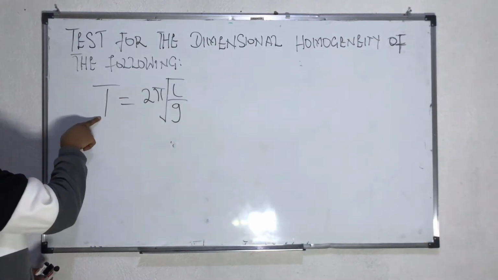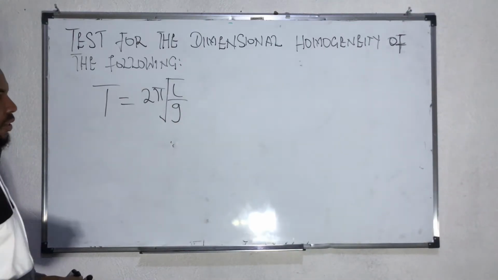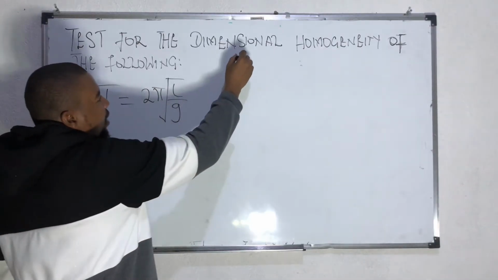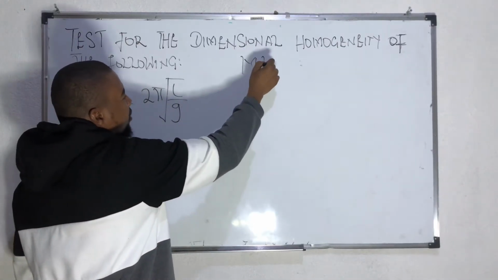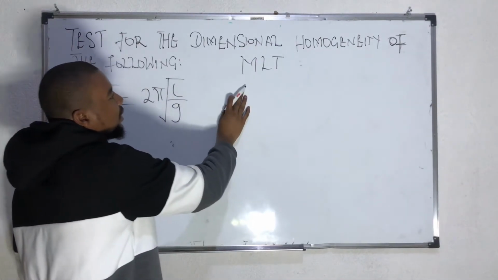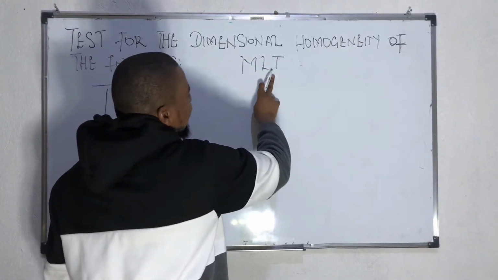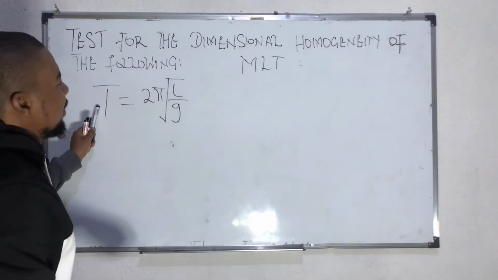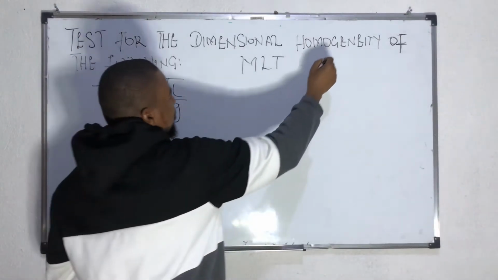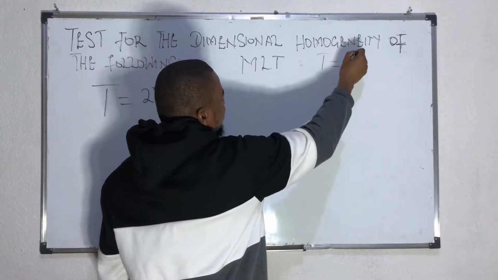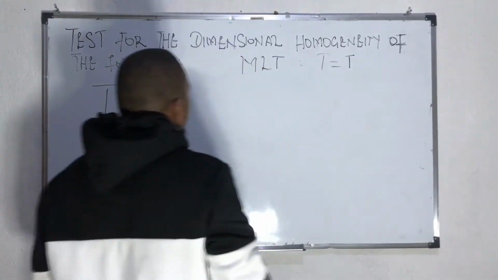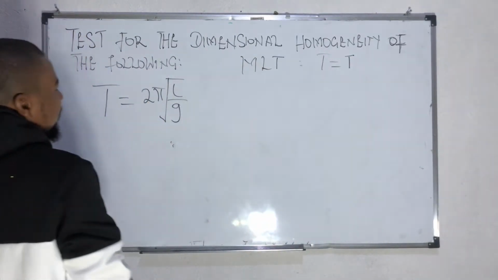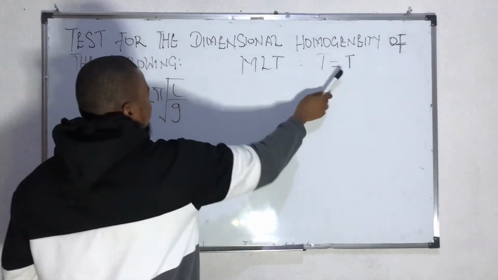And T is a period which is measured in seconds, right? Remember, we have M, L, T, right? Now, this T here is the dimension for time. Therefore, the T is equal to T, which means that the dimension for the period is T, right?